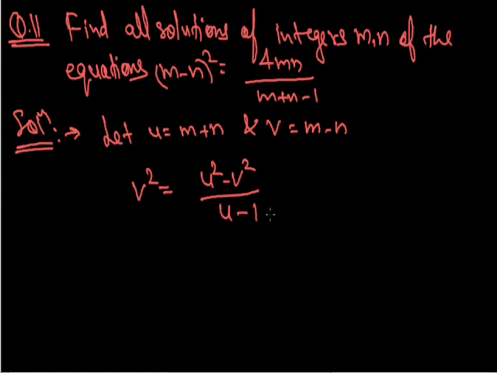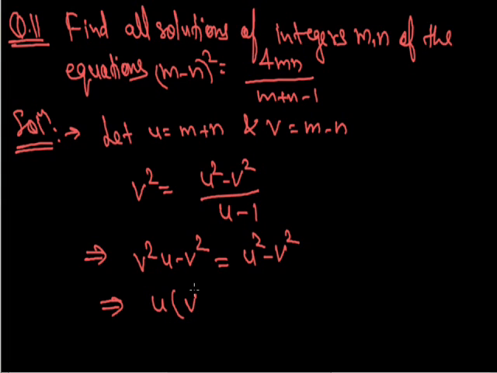As we can see that u square minus v square, that is (m plus n) whole square minus (m minus n) whole square, is given by 4mn. So by this relation, by cross multiplication, that is v square (u minus 1) is equal to u square minus v square. Or by taking u as common, we have u times (v square minus u) is equal to 0.